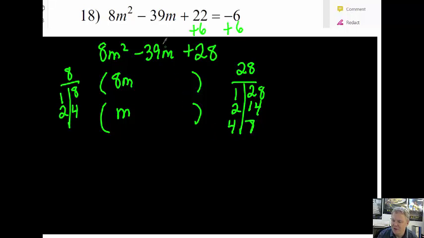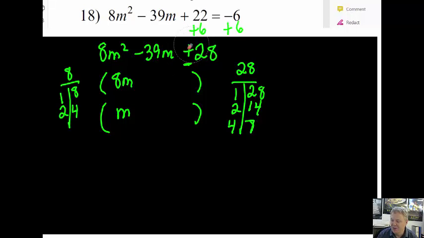Whatever this multiplies to, we have to be close to 39. And here's another little trick I'll show you. If C is positive, the only way this could be positive is if both are plus or both are minus, because a minus times a minus makes a positive, and a positive times a positive makes a positive.